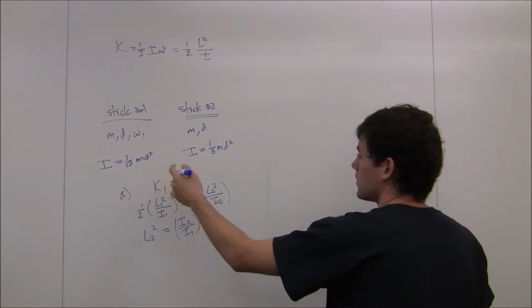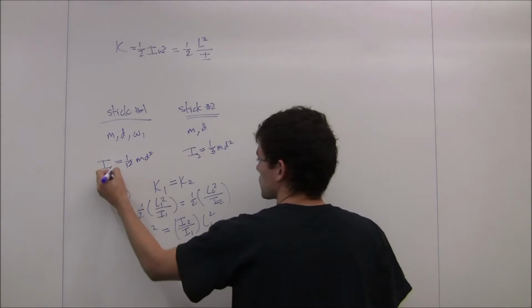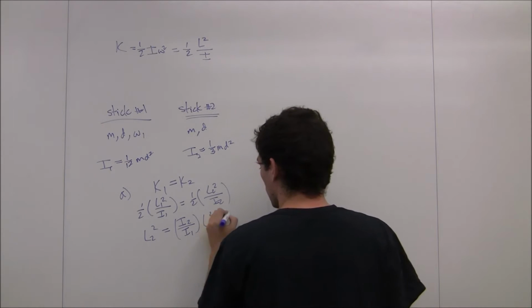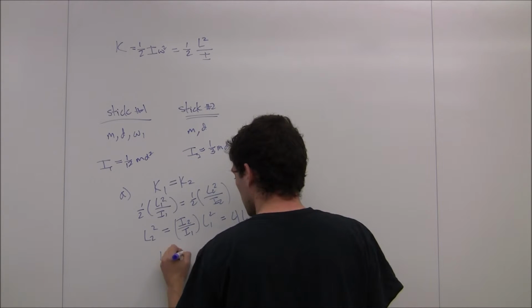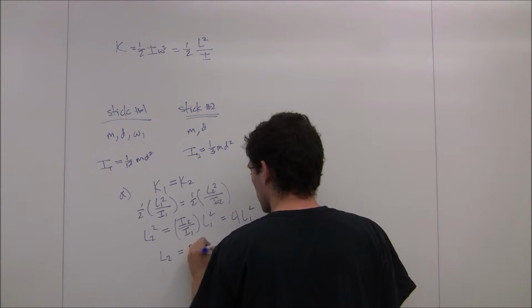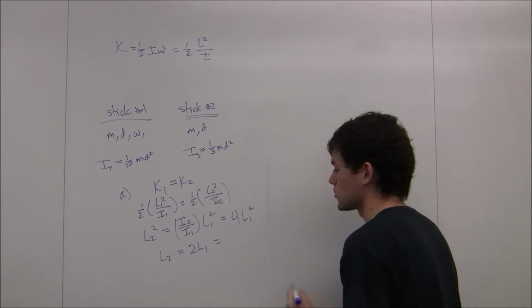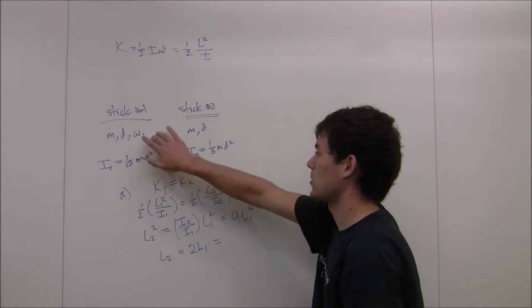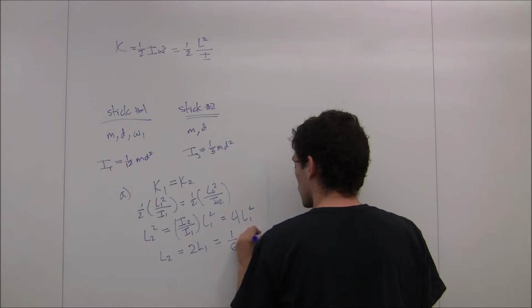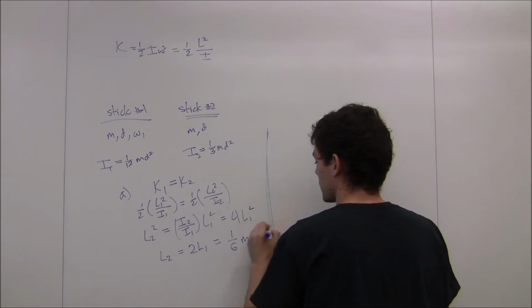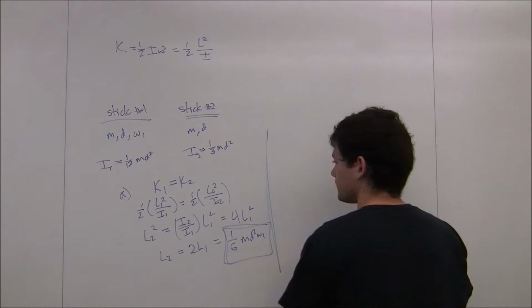I2 over I1 is just a factor of 4. So we get 4 times L1 squared. Taking the square root of this, we get L2 is equal to 2 times L1. L1 is just I times omega, which is 1 over 12 md squared omega 1. So we get 1 over 6 md squared omega 1 for the angular momentum of stick number 2.